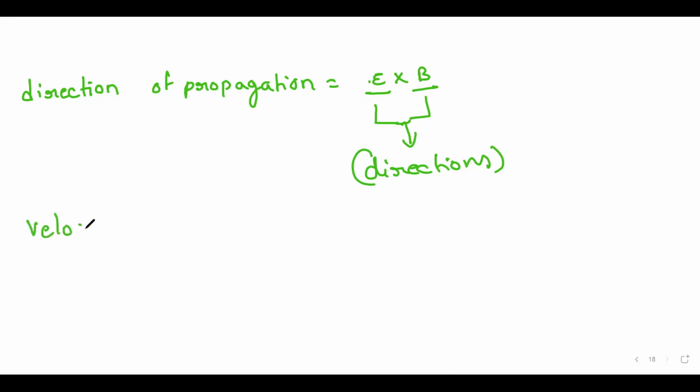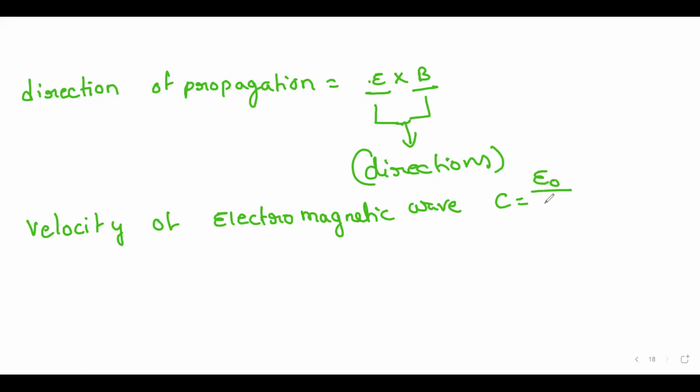Second formula is the velocity of an electromagnetic wave. C is equal to E naught by B naught. The other formula is C is equal to omega by k.